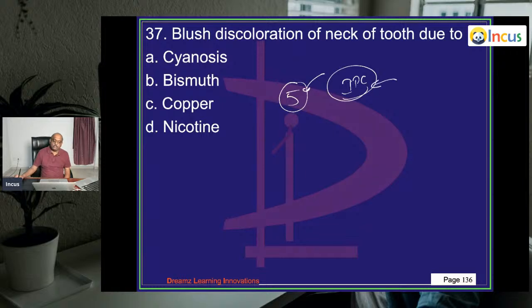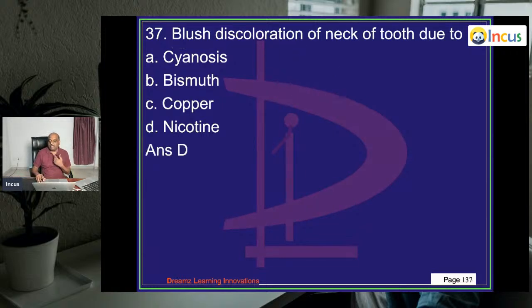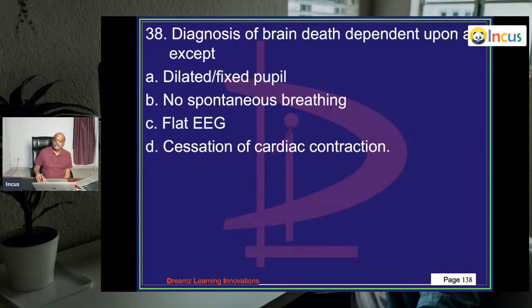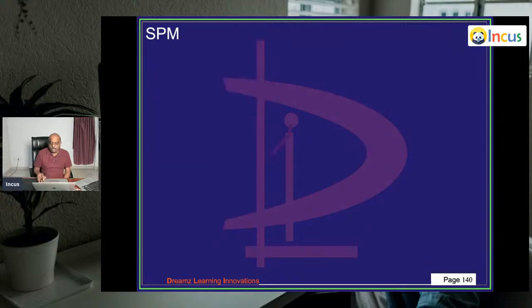All IPC codes you have to be sure. Bluish discoloration of the neck of the tooth is because of nicotine. The diagnosis of the brain death, a flat EEG, no spontaneous breathing, dilated fixed pupil. They're all the part of the international definition before you call brain death.